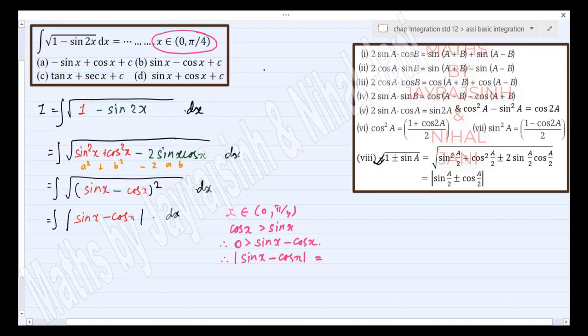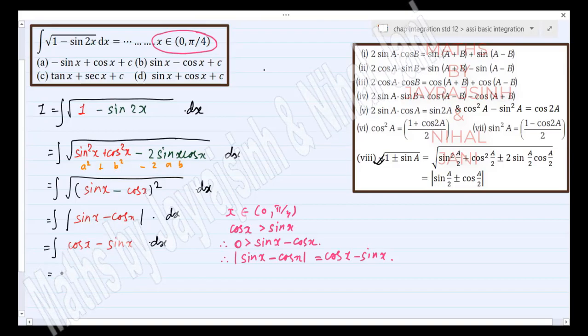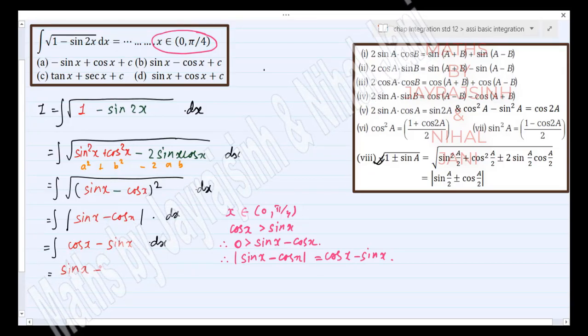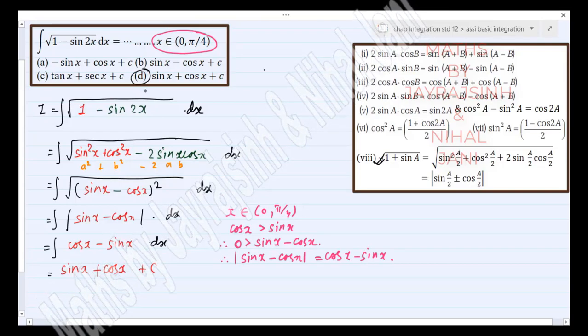So in this situation, we write as cos x minus sin x, and we have to integrate cos x minus sin x dx. So integration of cos x is simply sin x, and minus integration of sin x will be minus cos x. So it will be plus cos x plus c is your final answer, which is given in option.